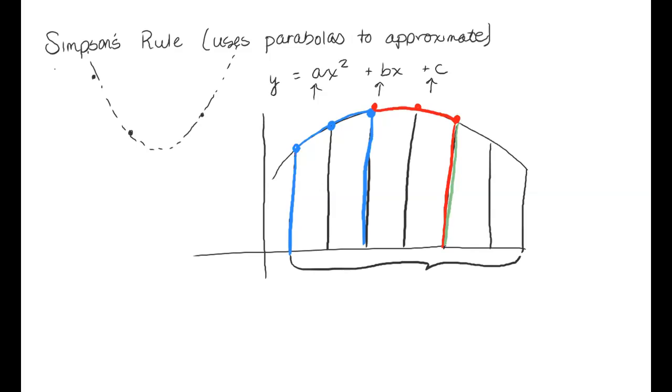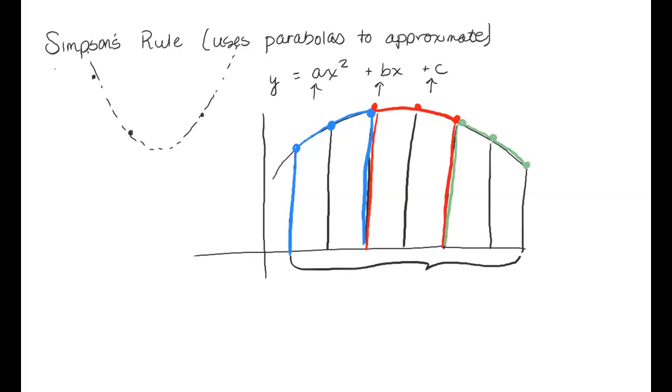Actually, let's do this. And we're going to use this point, and this point. So that means that for Simpson's rule, if we have 6 subintervals, it's really 3 parabolas. If we had 20 subintervals, it's 10 parabolas.